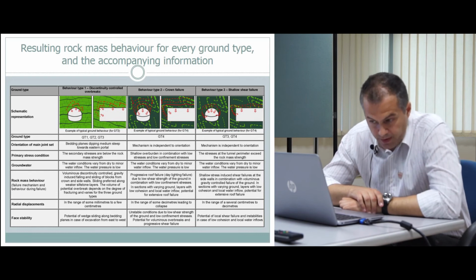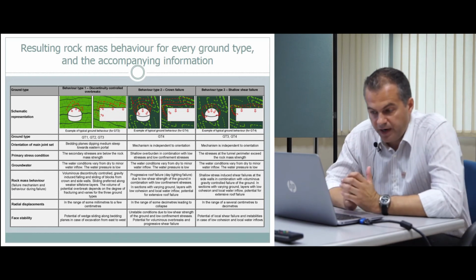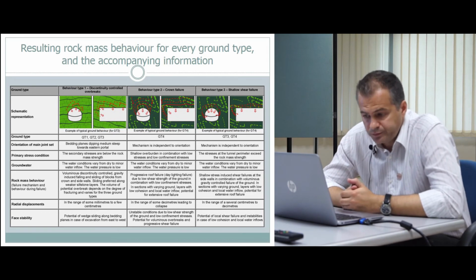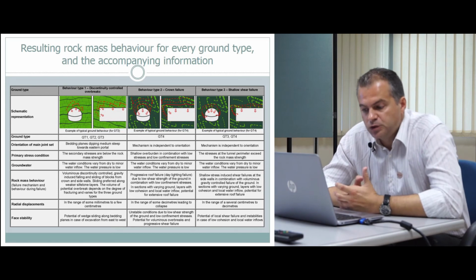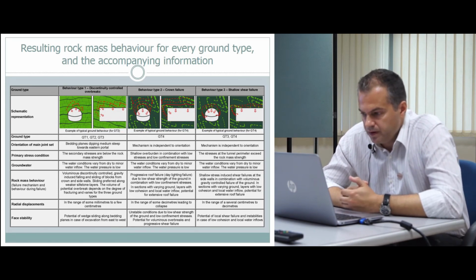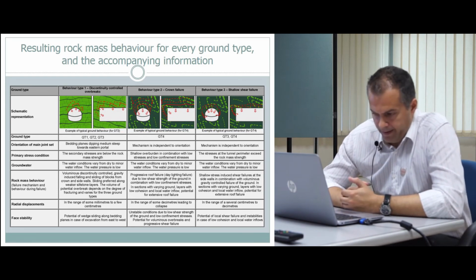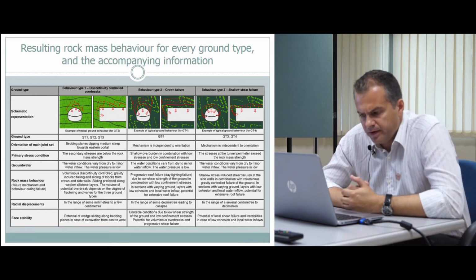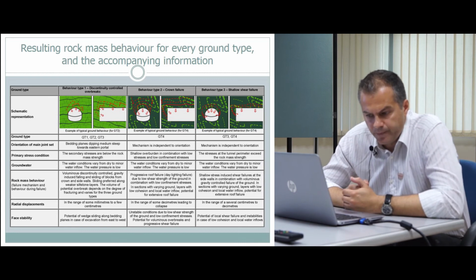The water conditions vary from dry to minor water inflow in behavior type 1. The water pressure is low. Again, the same applies to the other two also, because the groundwater in this tunnel was well below the tunnel axis.